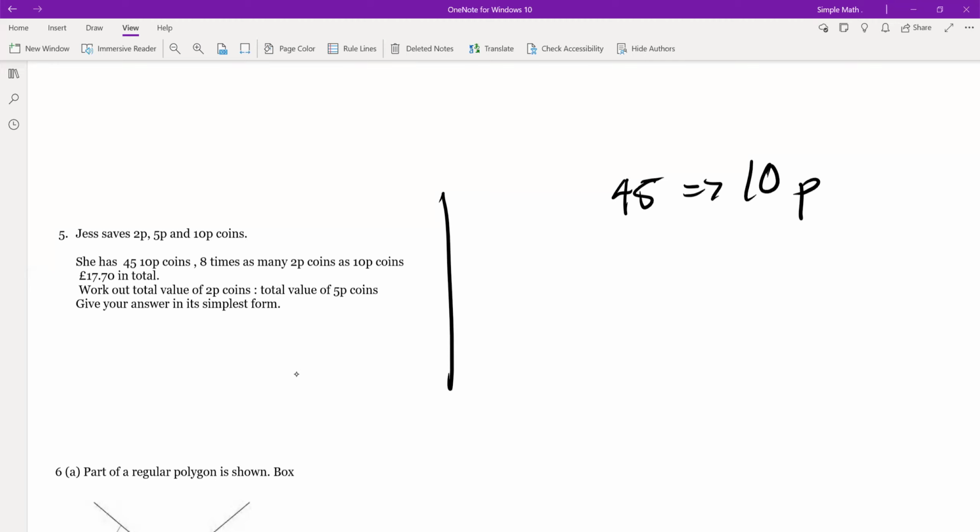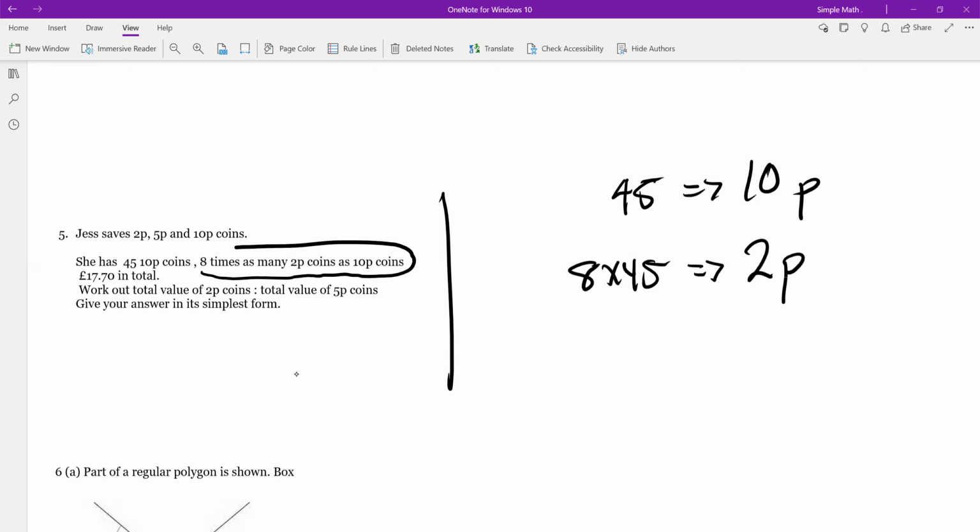So she has 8 times as many 2p coins as 10p coins, it means that she's going to have 8 times 45 2p coins. She has a lot of 2p coins.